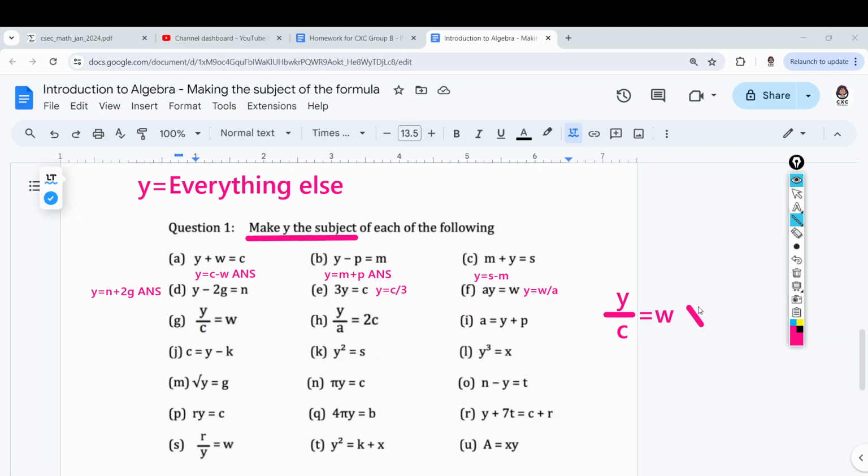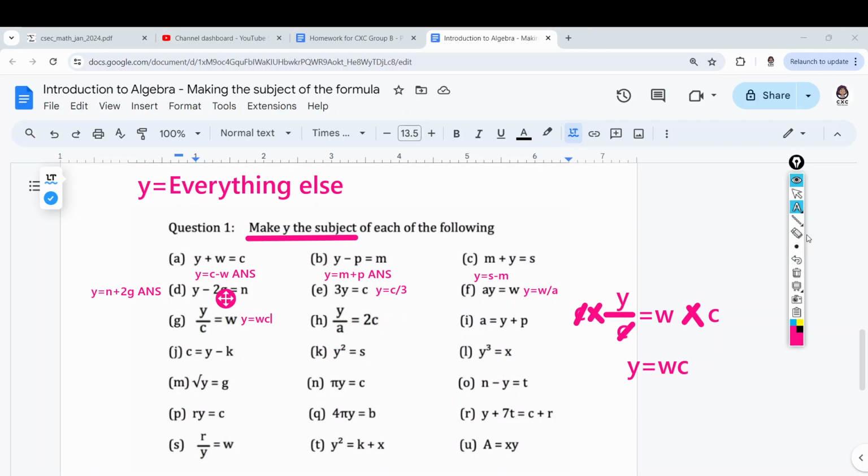So we need to multiply both sides by C. That's how we get rid of the C down the bottom, guys. This C will cancel this C, and we're going to get Y is equal to WC. So that's the answer for that one, guys. Y is equal to WC.